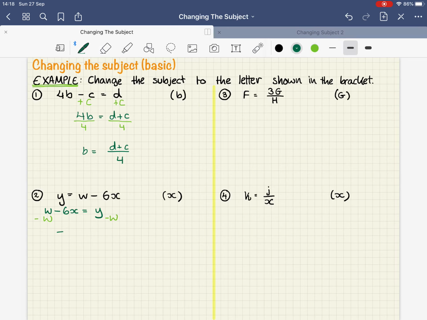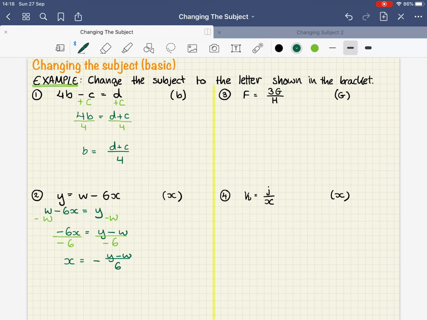And so I now have negative 6x equals y minus w. And then I want to divide by negative 6 on both sides. And so I have x equals negative y minus w all over 6.